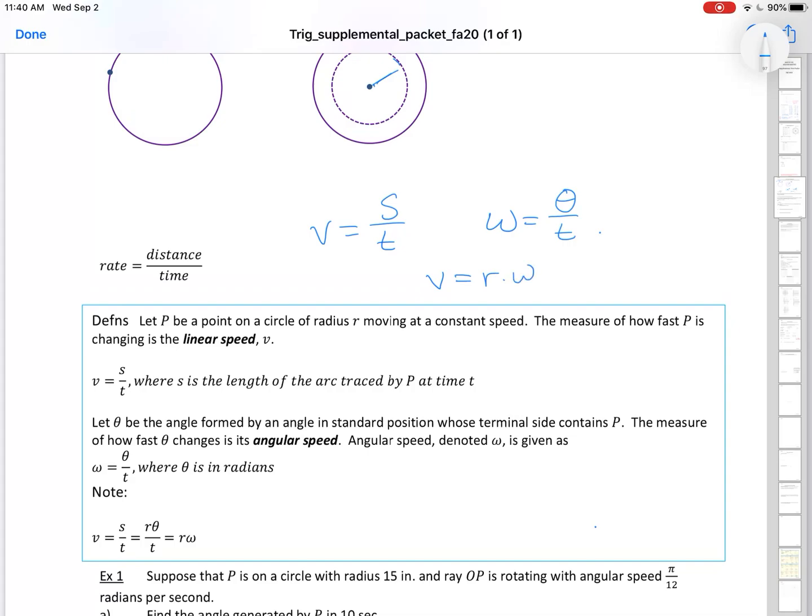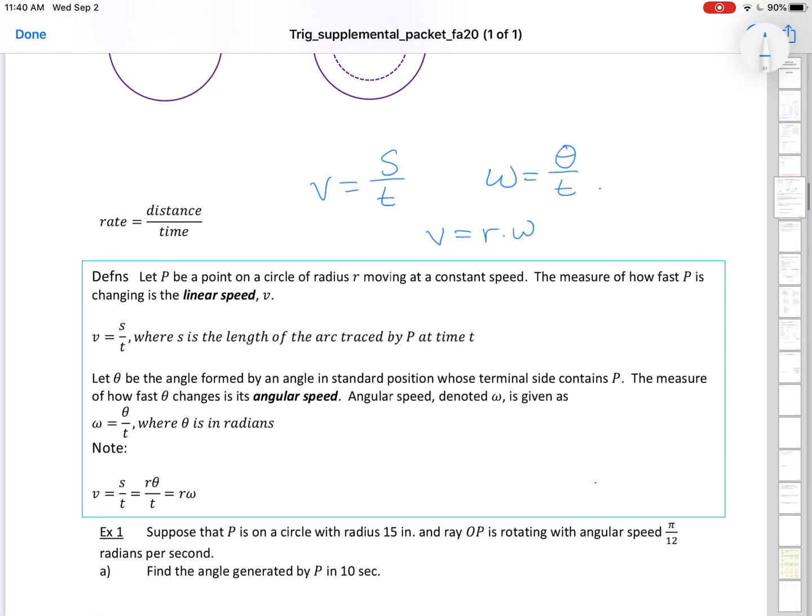If you just put those things together, let's actually put them together down here. So first things first, let me back up for just a minute. Speed, you already knew, how far you travel over time. Angular speed, how far the angle moves over time. And then what's very, very handy is this relationship down here, which is just putting a few ideas together.